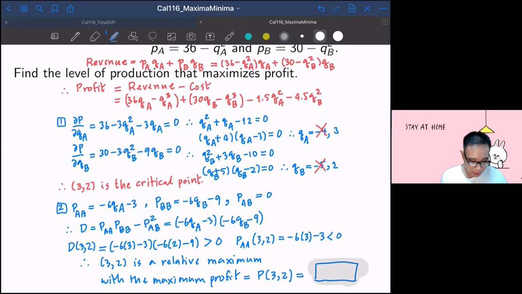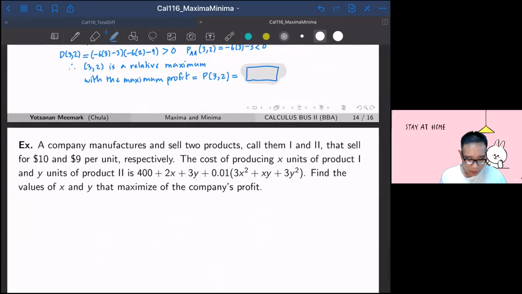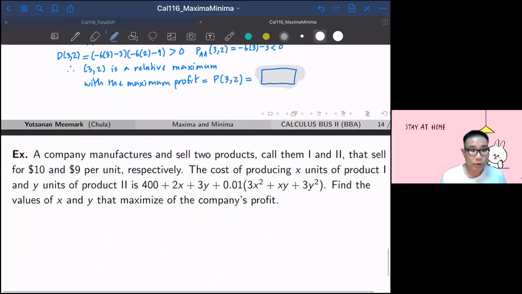The next one is again about profit. A company manufactures and sells two products called item 1 and item 2, selling for $10 and $9 respectively. The cost of producing X units of product 1 and Y units of product 2 turns out to be 400 plus 2XY something.